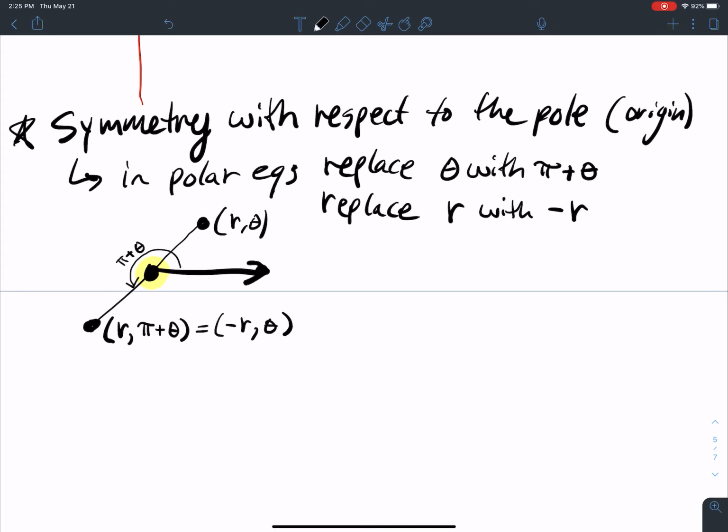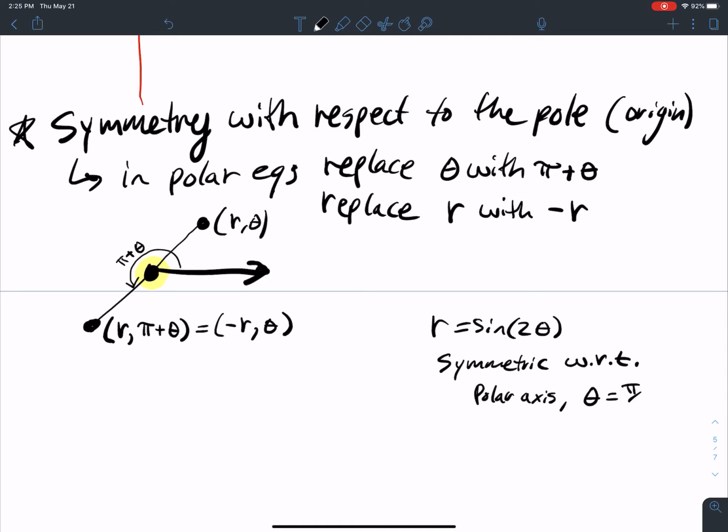so for example, the graph of r equals sine 2 theta turns out to be symmetric with respect to the polar axis and the line theta equal pi over 2.